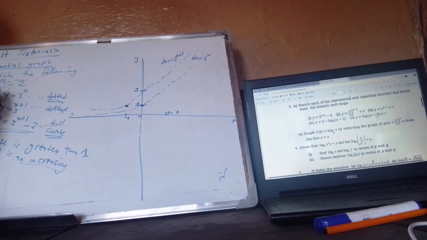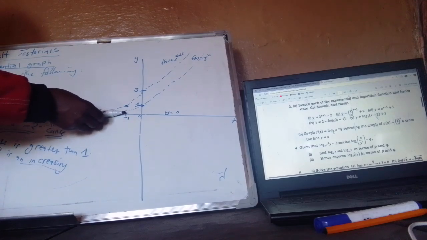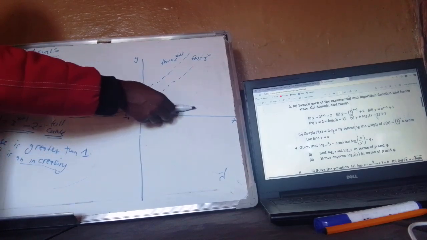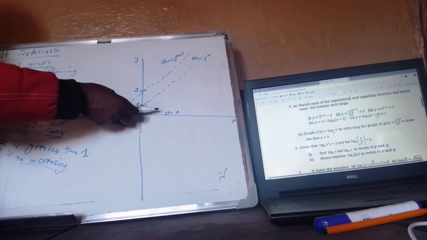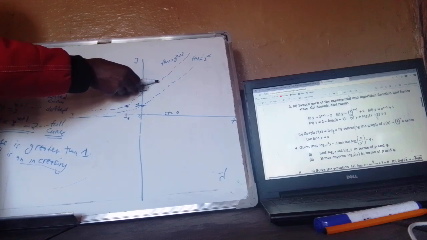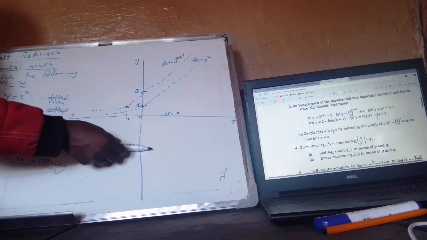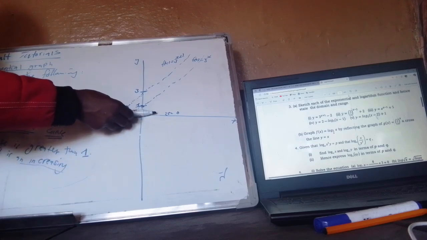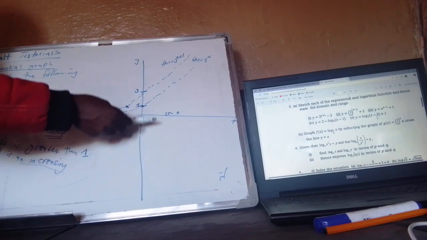When the shift in the x was happening, the horizontal asymptote wasn't changing. Either you move it to the left or to the right, it will still be y equals 0. The horizontal asymptote will only change if there is an upward or downward translation. So y equals 0 will change if these functions are shifting some steps downwards or some steps upwards.